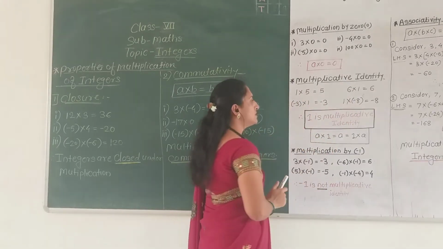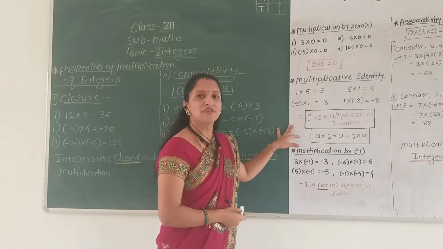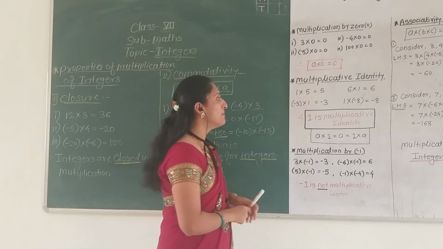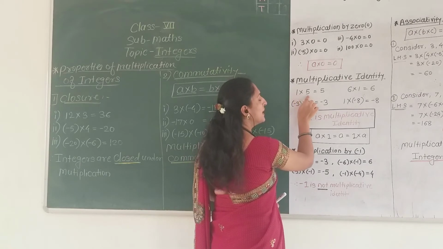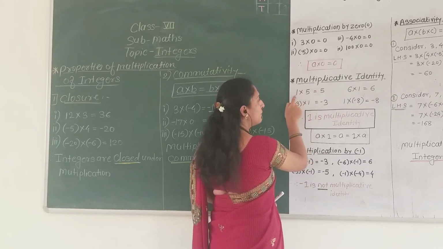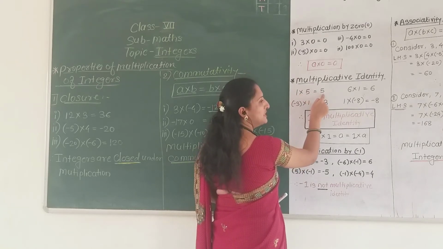What is your observation for this? When we multiply 1 with any number, we get the same number again. When we multiply 1 with any integer, we get the same integer here.